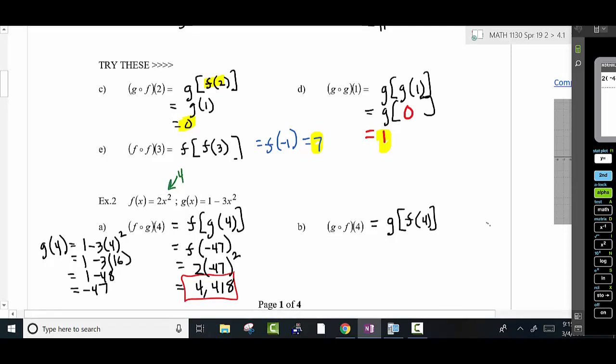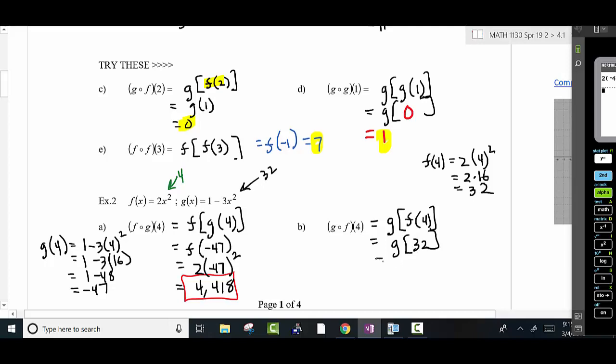I'm going to do that on the side of my paper. I just have f of 4 is going to be equal to 2 times 4 squared. So that's 2 times 16. So that's 32. Okay, so that's going to give me g of 32. And then what do I do with the 32? I plug it into G. So that goes in like that.